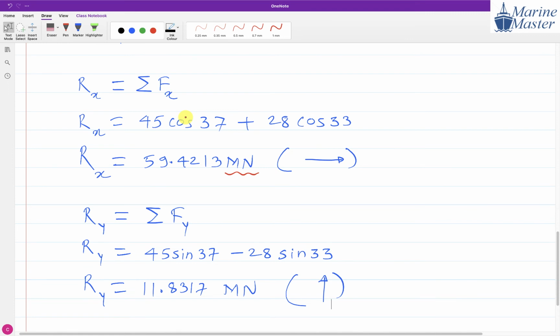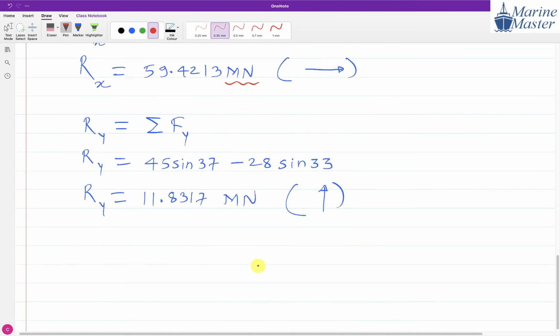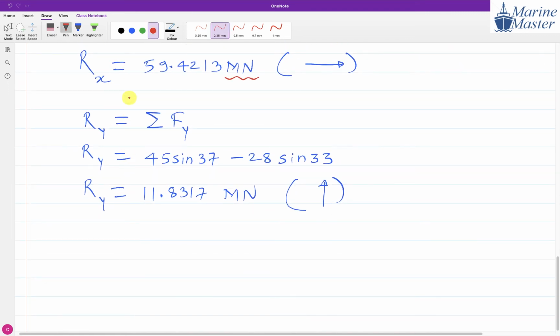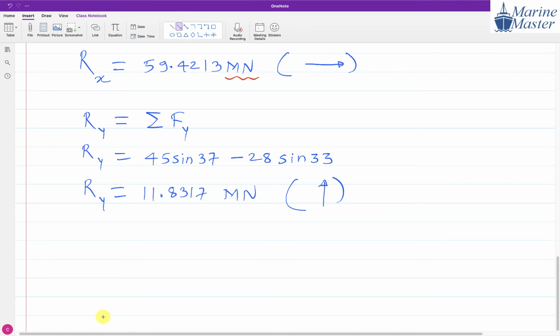Now we got Rx and Ry, and by using them we are going to get R. What we discussed in the last lecture: whenever we have components and want to find the main force from them, we will use a triangle.